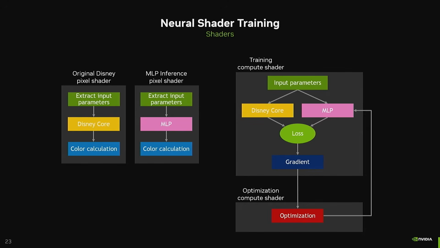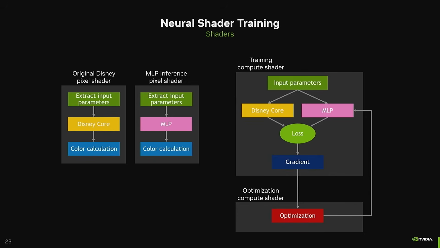Then the Disney core part, where it calculates diffuse, specular, and clear coat components, and finally color calculation, where the RGB value is produced. A similar scheme is used for the inference pixel shader, where again we use the same input parameters encoded the same way, so they just calculate dot products. All those dot products go to the neural network, and it produces the same components, diffuse, specular, and so on, and color is calculated exactly the same way.